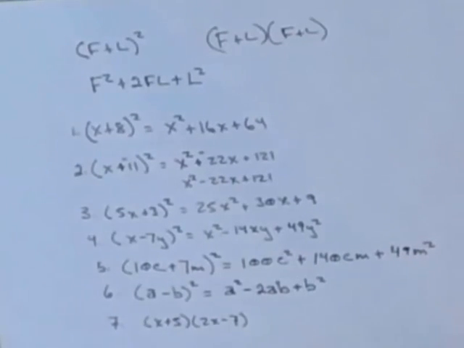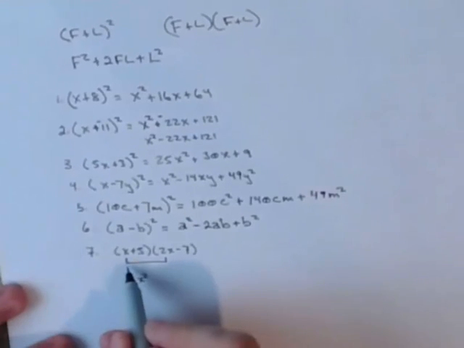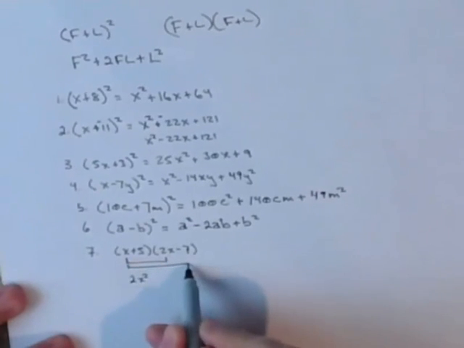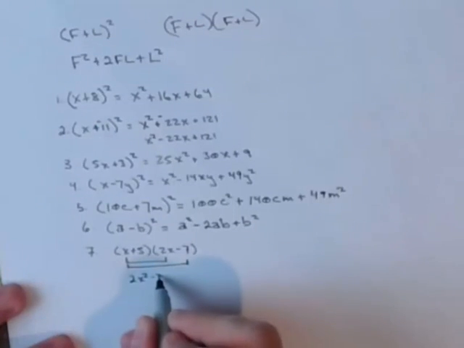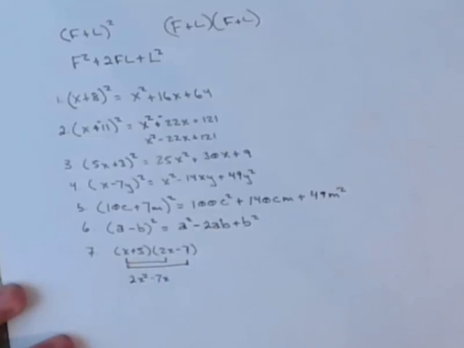So remember, the FOIL is first times first, which would be, in this case, x times 2x, or 2x squared. The outsides, which is x times negative 7, or minus 7x.